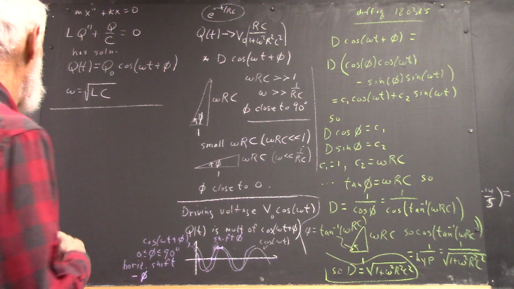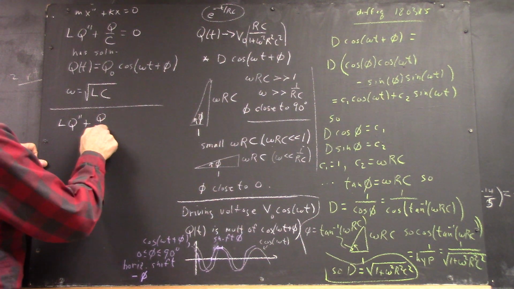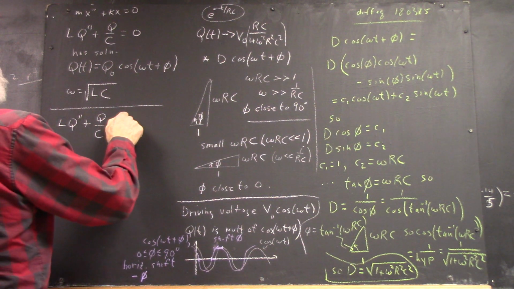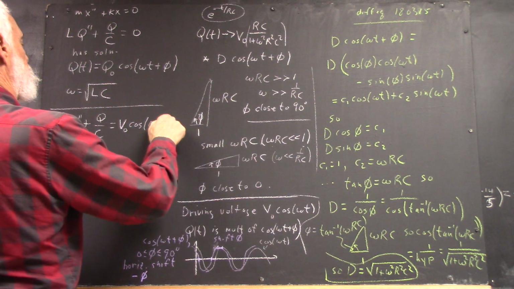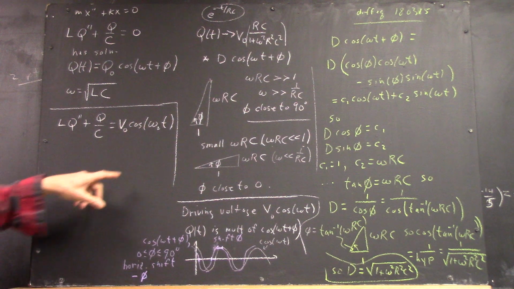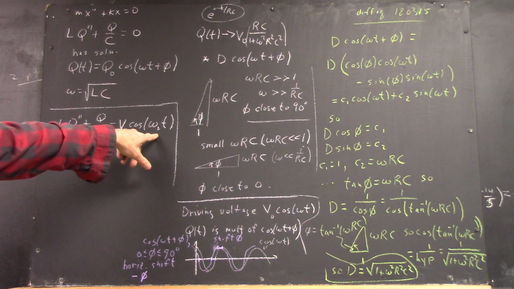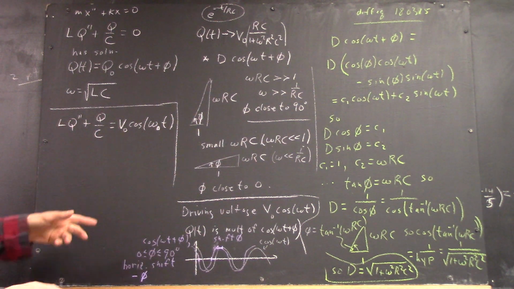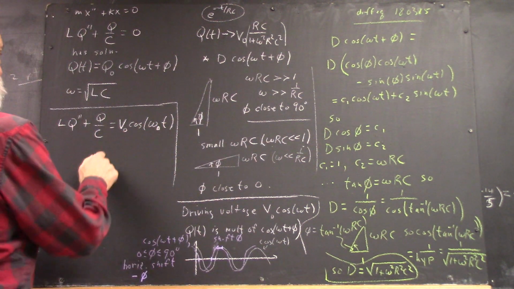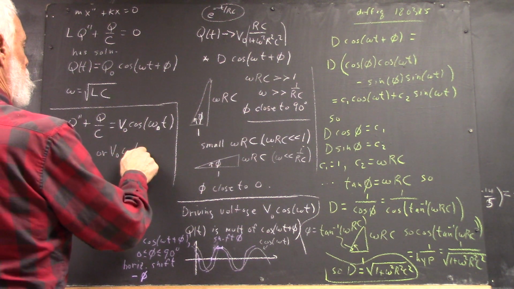Now, if you try to drive this thing like so, where I call this omega naught. And actually, I think in the problem it was omega plus a delta omega.